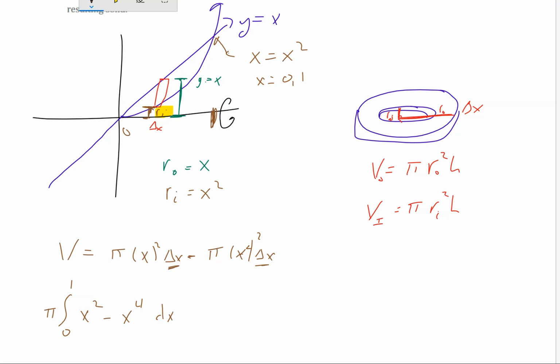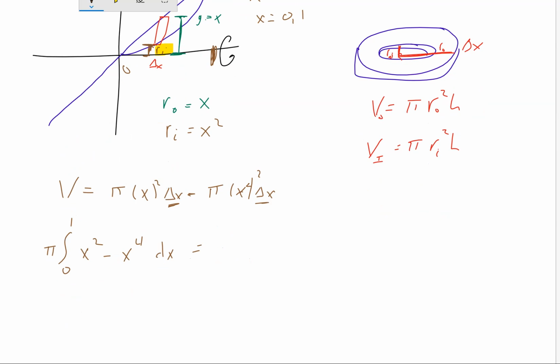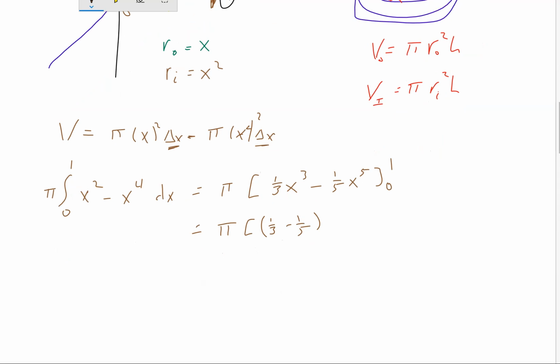All right. So pi, and then that's going to be 1/3 x cubed. Add 1 to the exponent, divide by the new exponent, minus 1/5 x to the fifth. We'll evaluate that from 0 to 1. It's going to be pi, and it's going to be 1/3 minus 1/5 minus 0, of course, because we'll have 0 minus 0.